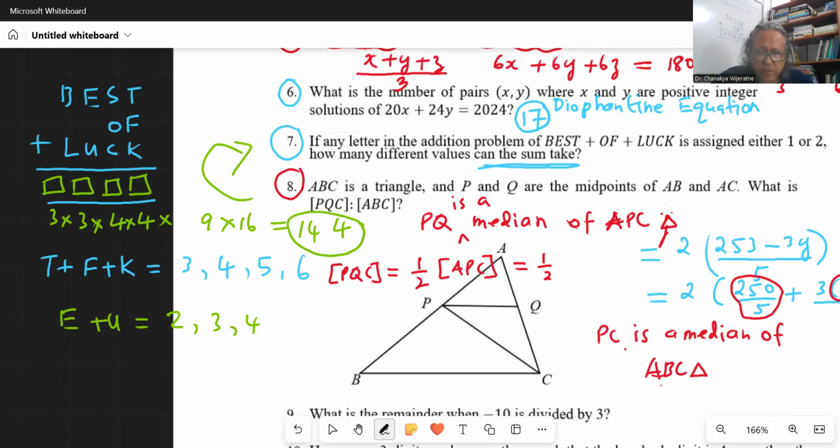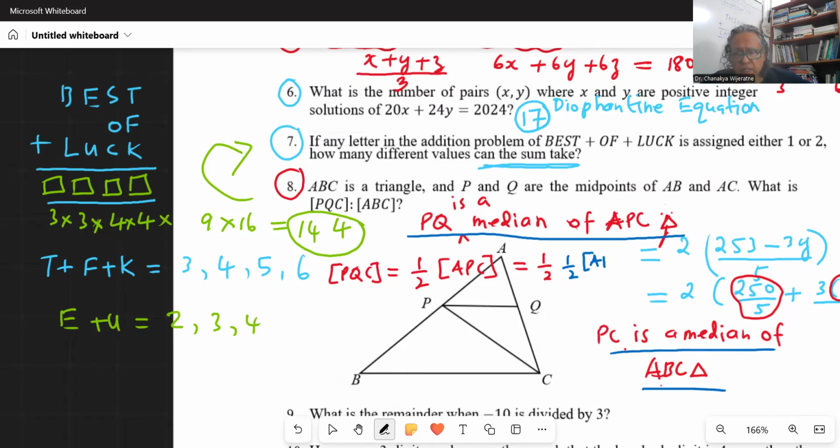So PC is the median of the triangle ABC, so this APC actually is half of the triangle ABC, right?